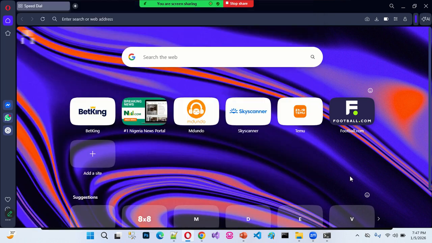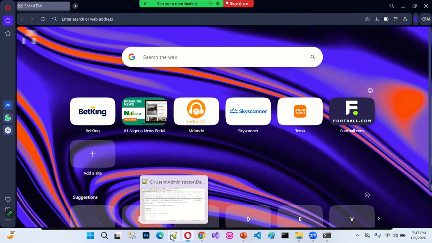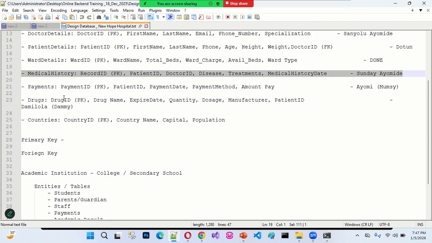Okay, so now if you look at this particular table here now, is it possible to have a patient record without us having the record for a doctor's details?